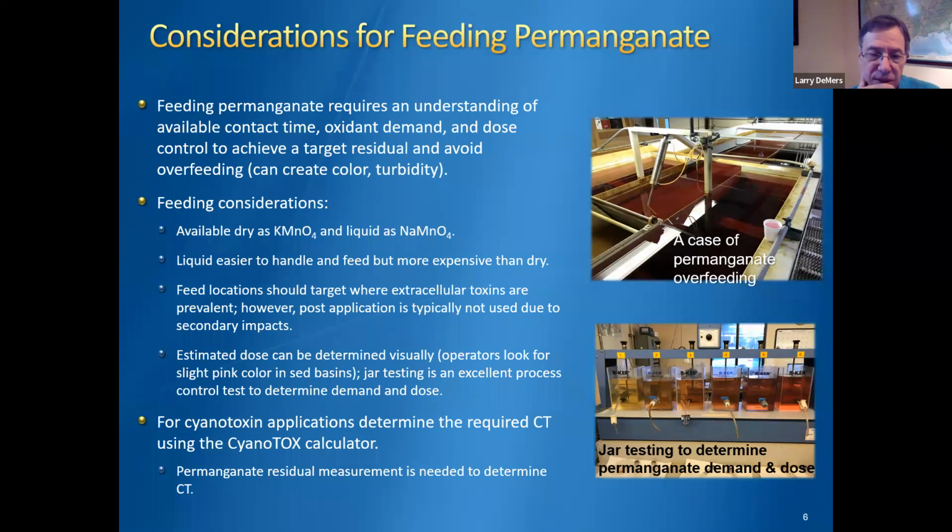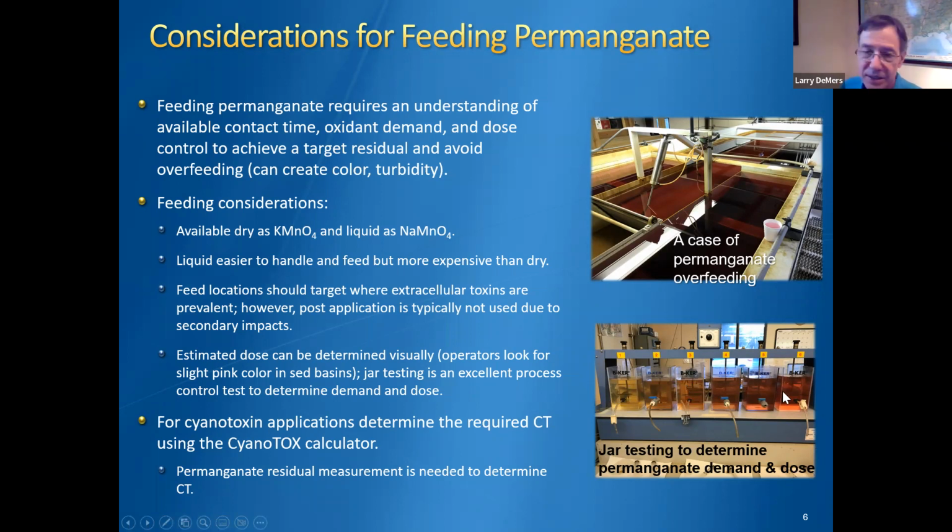Jar testing is also an excellent process control test to determine demand and dose. The picture to the right here shows a permanganate demand test where raw water was dosed with permanganate, starting in jar 1 with essentially no permanganate.